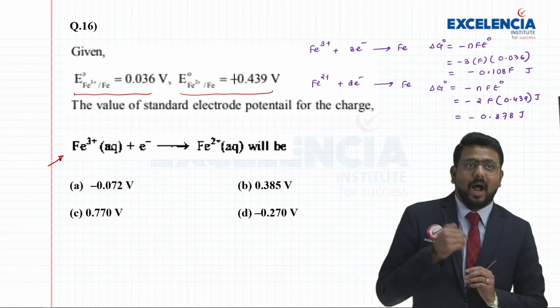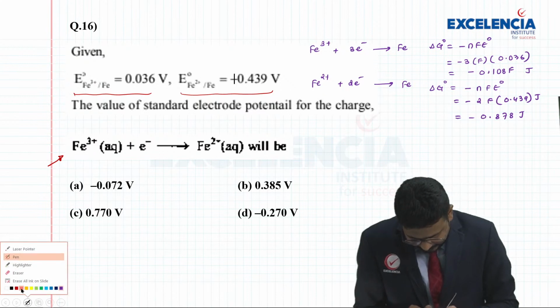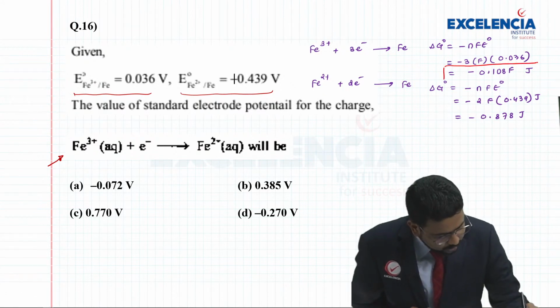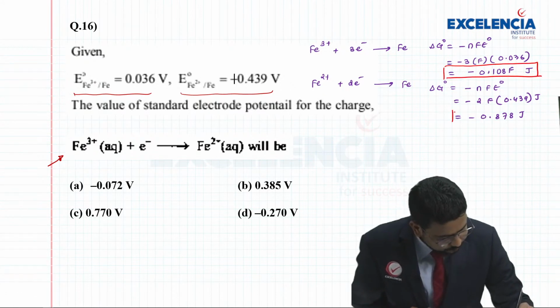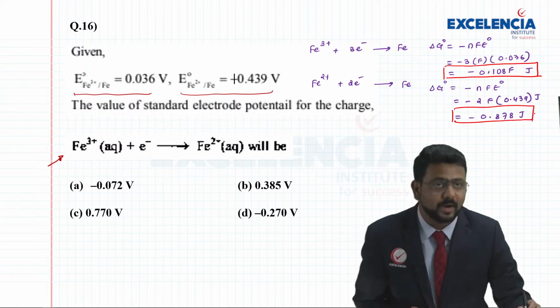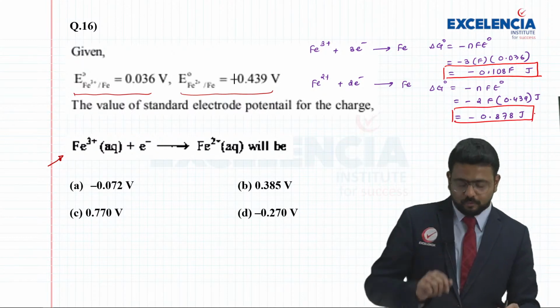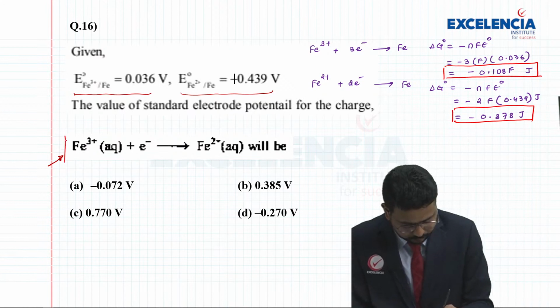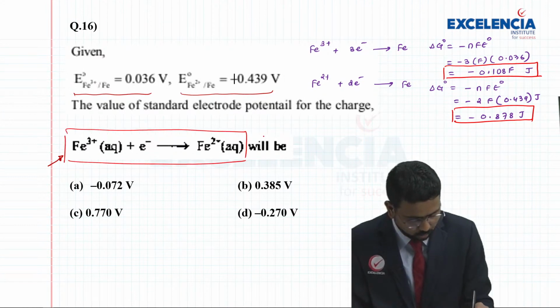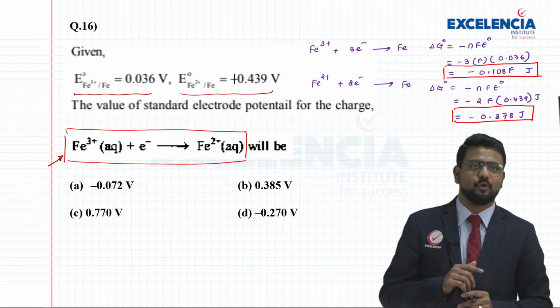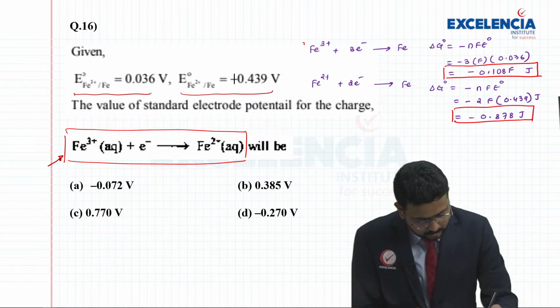Now, I found the individual delta G naught values in both the cases, right? So if I want to find it for the third reaction, I need to do some calculations here.